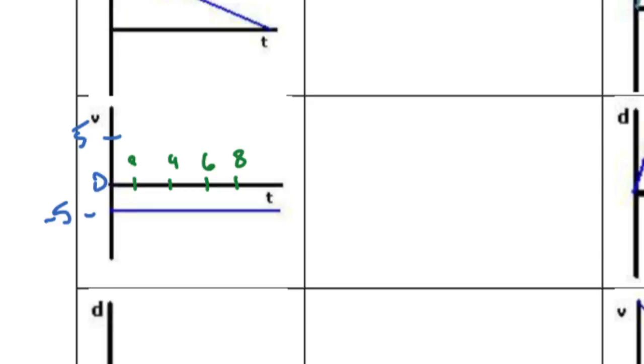So the object is traveling at -5, and then it's traveling at -5, and then it's traveling at -5. So if we were to describe this motion, how do we describe it? What would we say is going on here? It's constant motion or uniform motion for sure. So just a constant velocity.